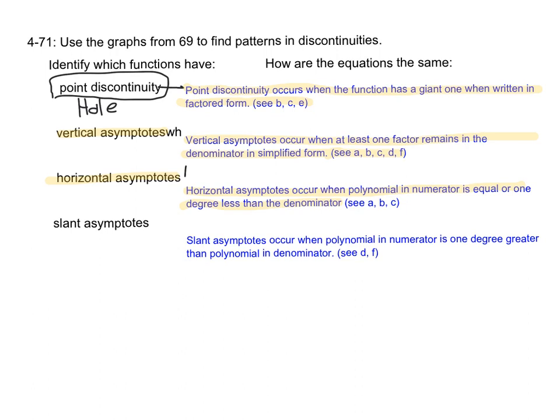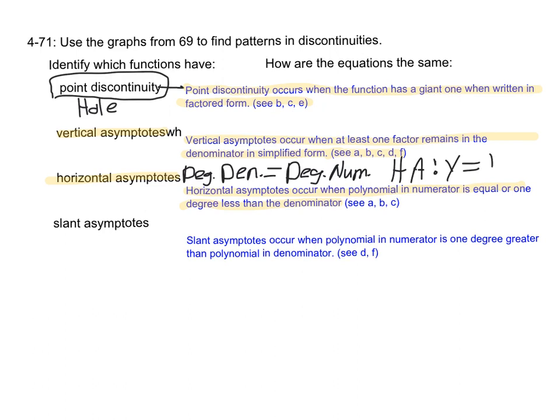If the degree of the denominator equals the degree of the numerator, you can use polynomial division to find that horizontal asymptote. And that horizontal asymptote will be some constant.